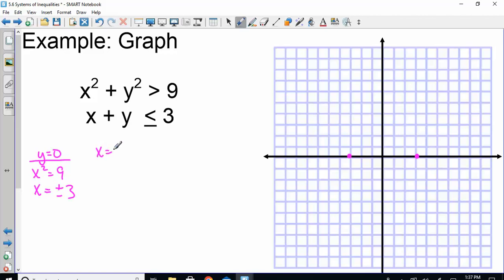What if I put in 0 for my x? Then I get y squared equals 9, so y is positive or -3. So I could have the points (0, 3) and (0, -3). Does that kind of show you what your graph's going to look like? Yeah. This will be dashed because it didn't have an equal to.